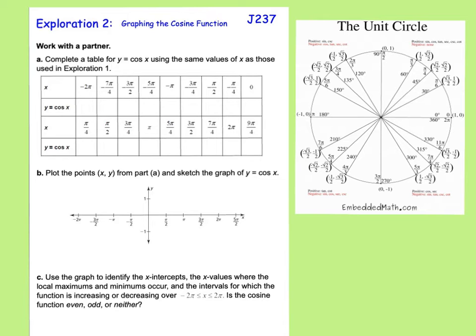We are going to say at 0 our cosine value is 1. Pi over 4, sorry, is root 2 over 2. And at pi over 2 we have 0. 3 pi over 4 we are going to have negative root 2 over 2.